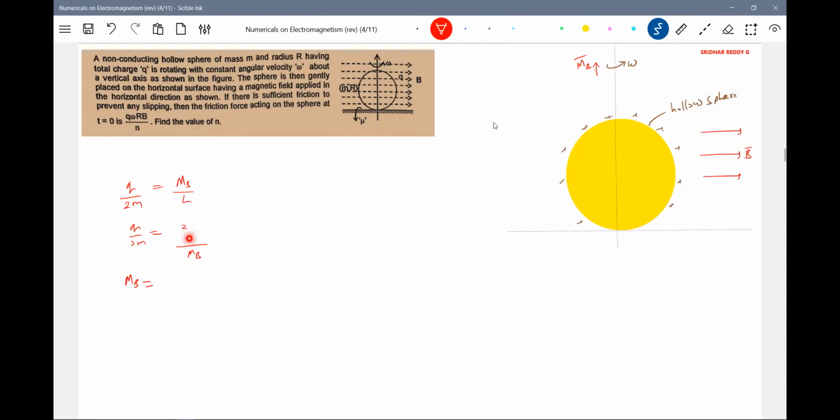By angular momentum it is, so the angular momentum will be 2 by 3 m r square omega. So the dipole moment should be q by 2m into angular momentum. So m b should be equal to q omega r square by 3.